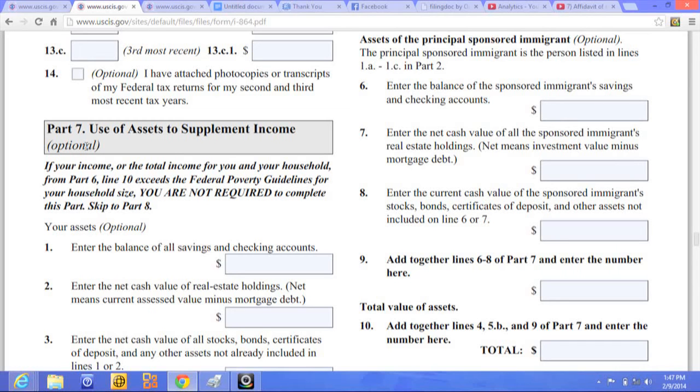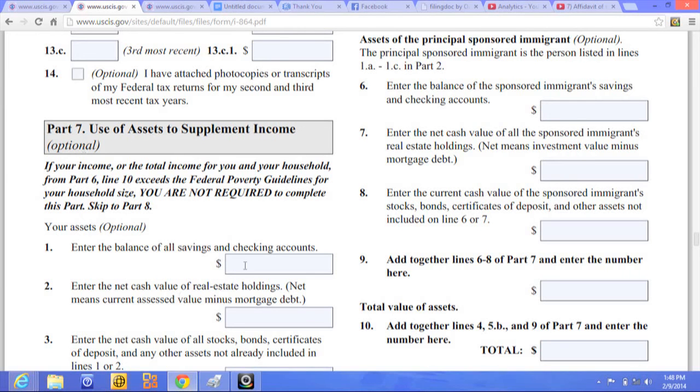So let's say your gross income is low, that means your gross income is below the poverty guideline, and then a member in your household size either doesn't have income, or when you add the income, the total income is still below the poverty guideline. So what you can do now is use your assets and assets of members in your household size.